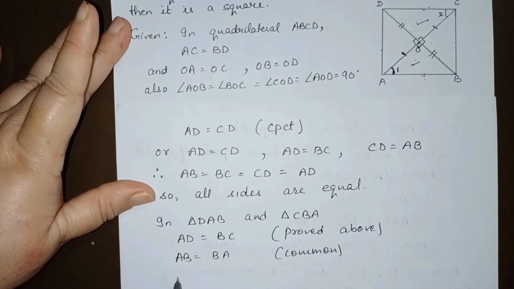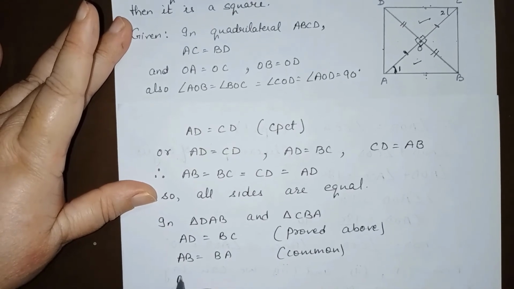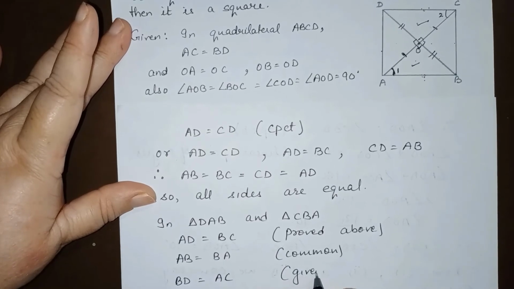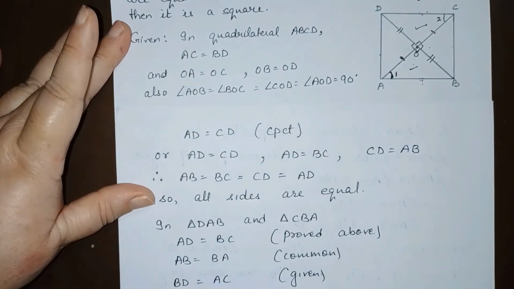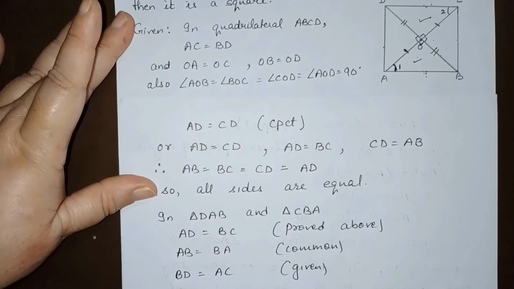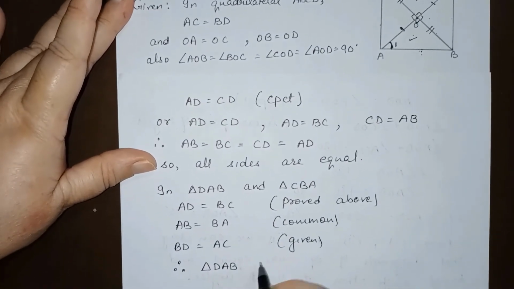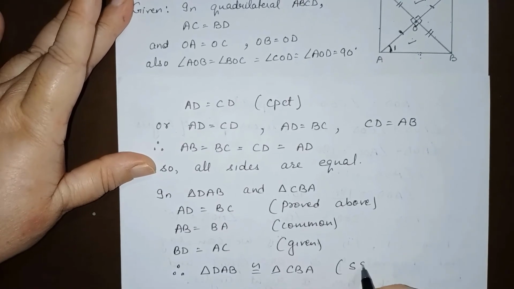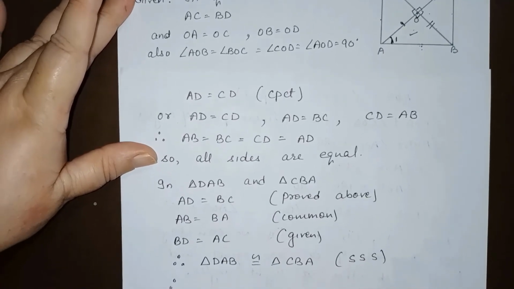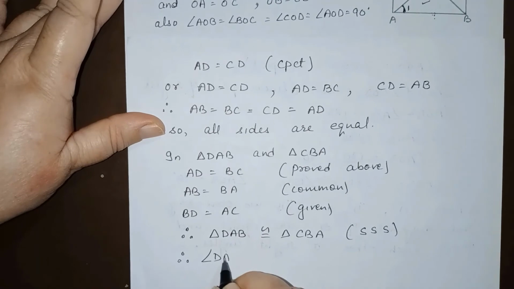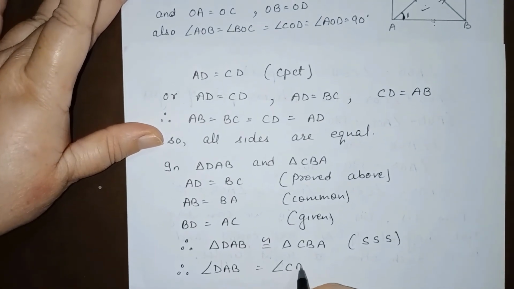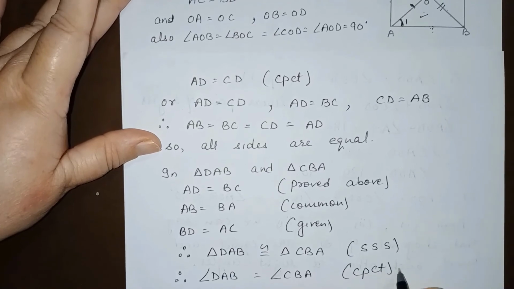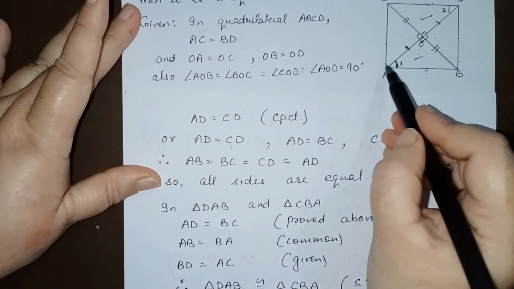Also, we have BD is equal to AC. This is given. See, it is given to us that AC is equal to BD. So, therefore, triangle DAB is congruent to triangle CBA by SSS, and therefore we have angle DAB is equal to angle CBA by CPCT.